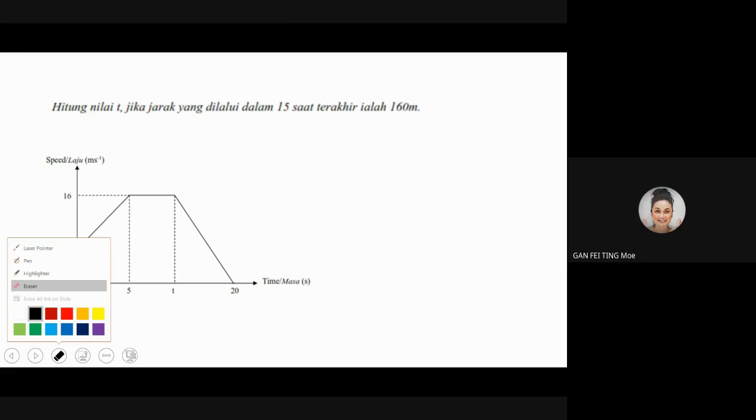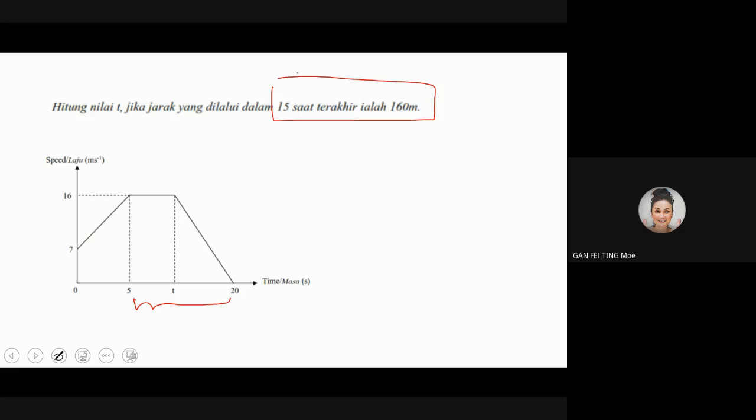The last 15 seconds is here, up to 20. Because in total you have 20, for the last 15 you take away the front 5, so what is left is the last 15. So the distance traveled is 160.